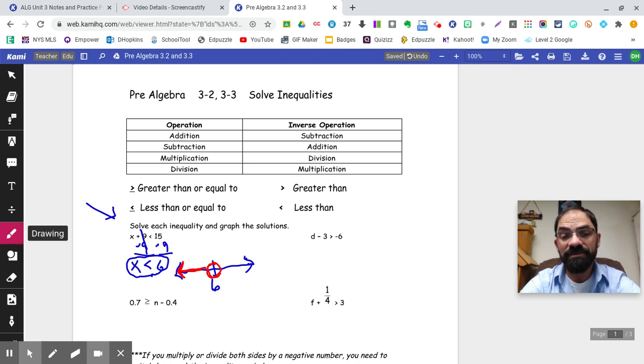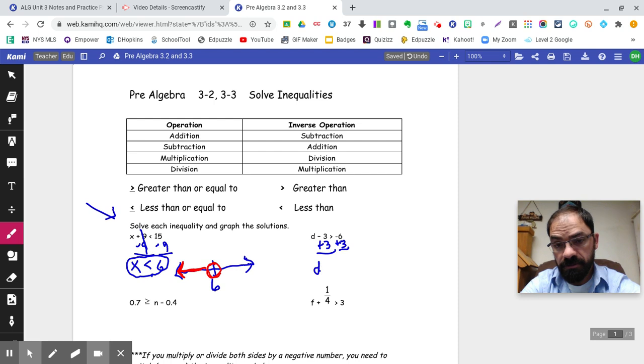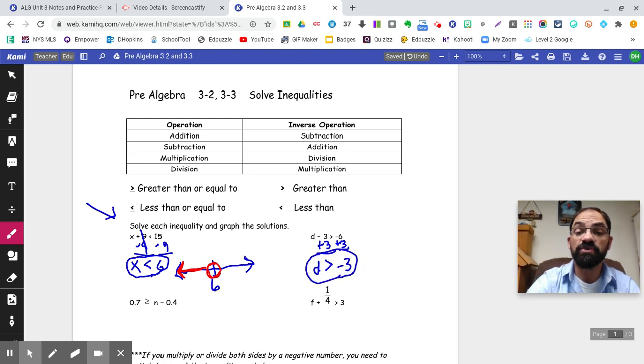Okay, the next one, to get d by itself, add 3. Just bring the sign down. Negative 6 plus 3 is negative 3. Sometimes the signed numbers can be tricky with a negative, so use a calculator if you need.